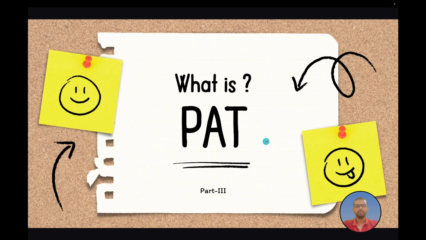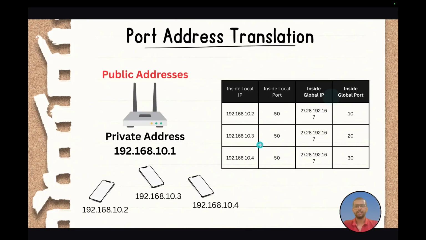So to solve that, we have something called PAT. What PAT does is map one single public IP address to multiple private IP addresses, and that is done using the pair of IP address and port number.